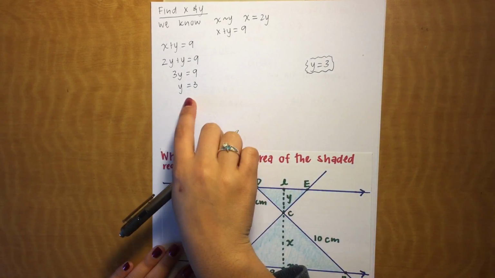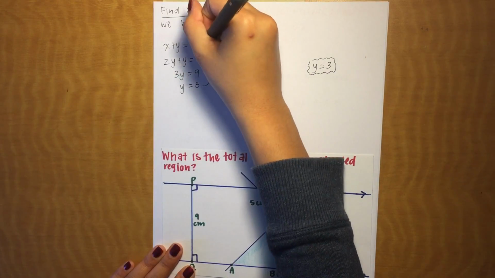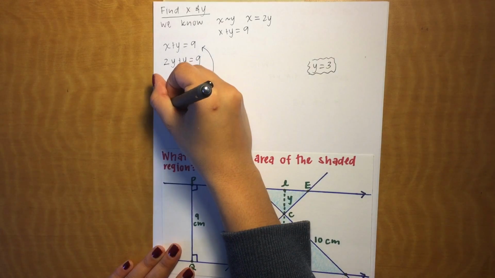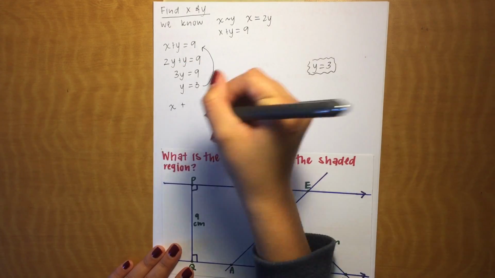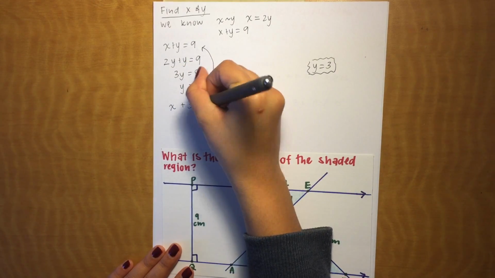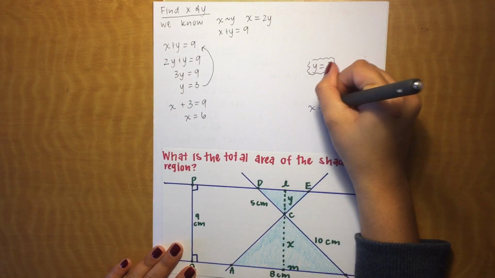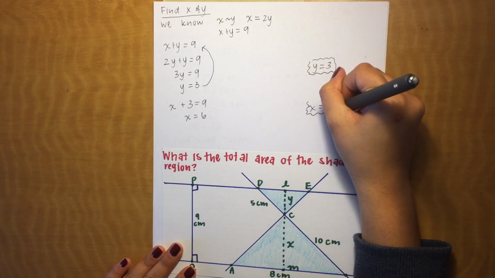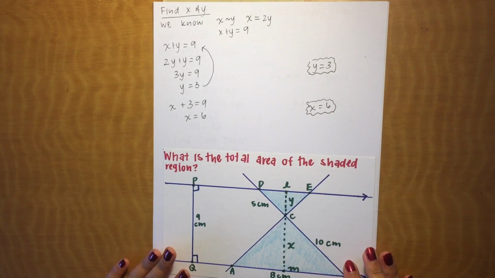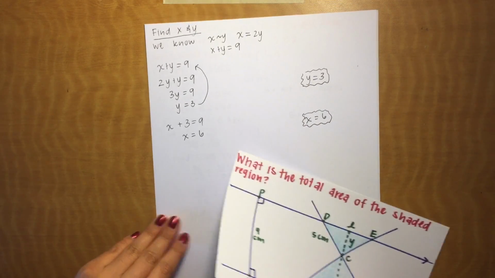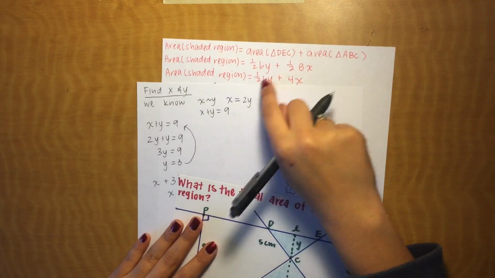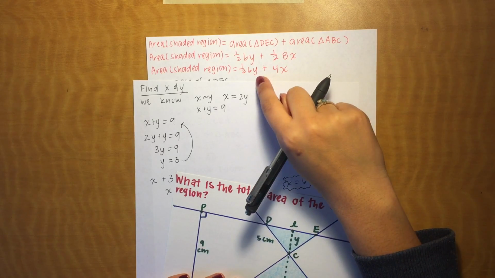Now let's plug back in to find x. x plus 3 equals 9, so x is equal to 6. Now we have all the missing variables: the base, y, and x.